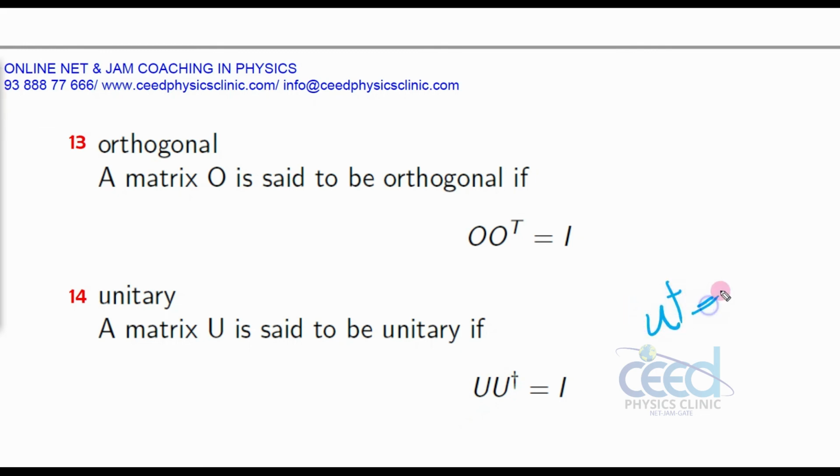Suppose U is the matrix, then U conjugate whole transpose. Okay, so this represents the transpose conjugate. So if you have a matrix U and you multiply it with its transpose conjugate, then you are getting I, then you can say this is a unitary matrix.